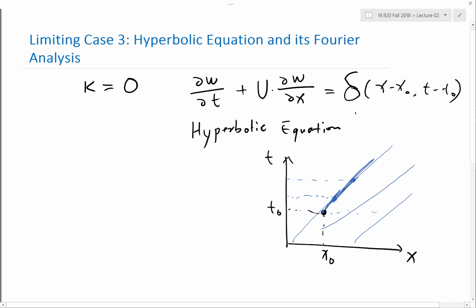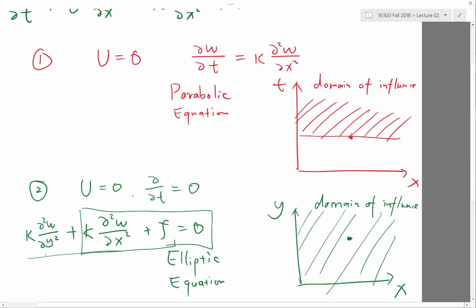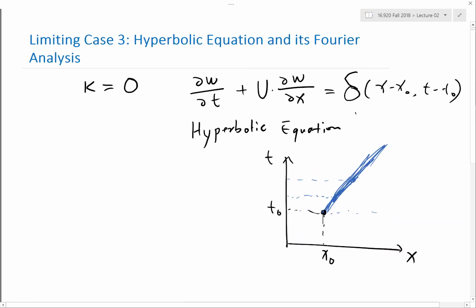So the non-zero region is going to be a single line that extends from the initial perturbation at an angle. So it's very different from the domain of influence of either parabolic or elliptic equations. Instead of a parabolic equation, where there is a large region after t0 that is influenced, here we only have a narrow region that is influenced by the perturbation.